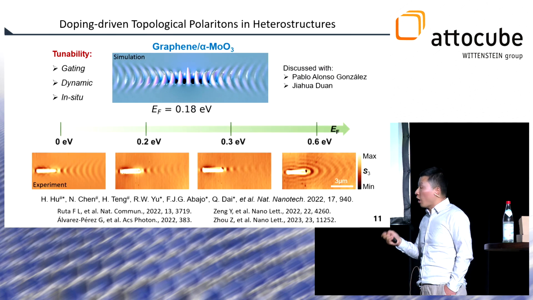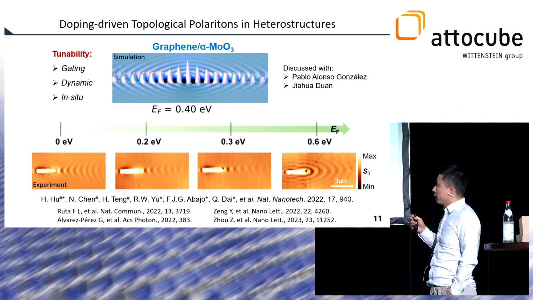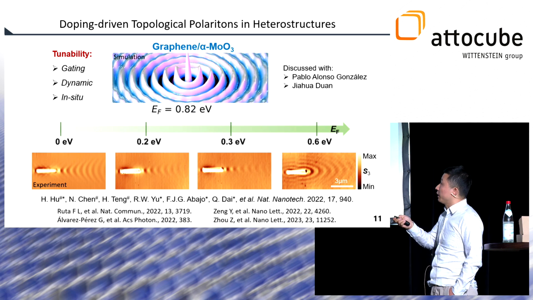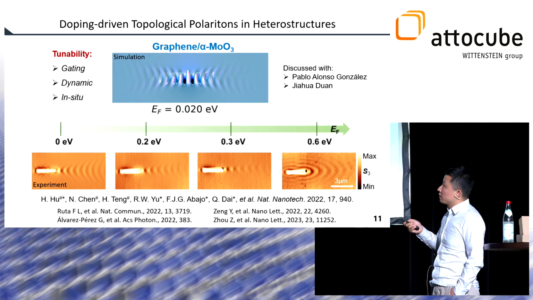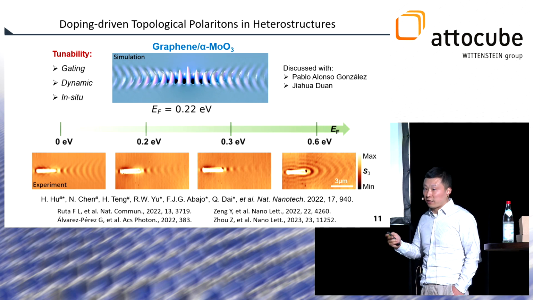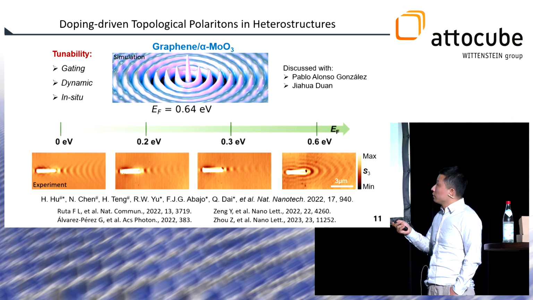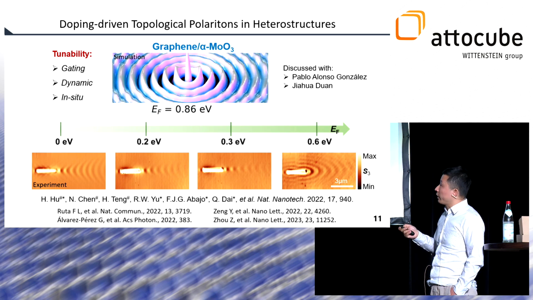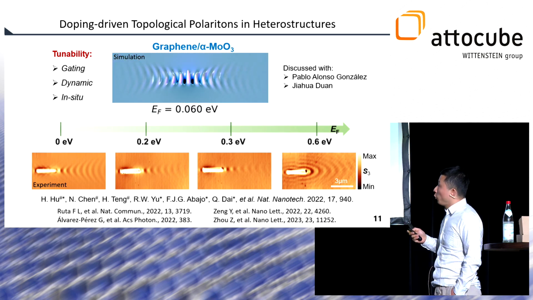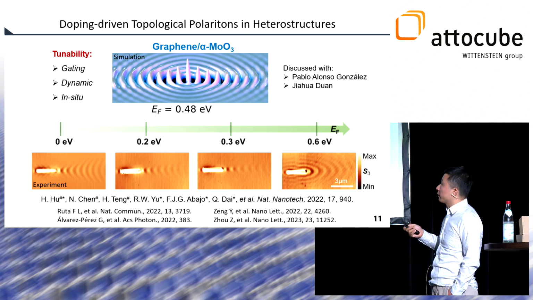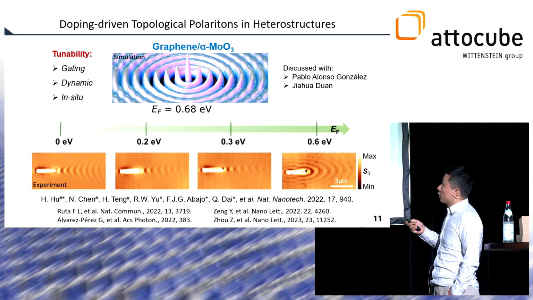But in our graphene and MoO3 heterostructure, I think the biggest advantage is the tunability, right? So we can continuously and dynamically tune this kind of hybrid mode right at the spot into the sample. You can just feed some electricity into the sample, and you can get these exciting changes in this mode.